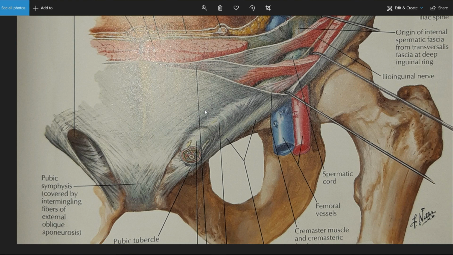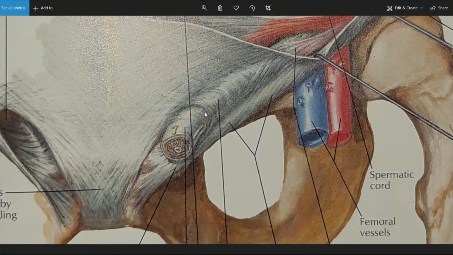So as I already mentioned, from the lateral crus, the reflected part of the inguinal ligament will move medially along the linea alba. And from there, it is continuous as the reflected part of the inguinal ligament for the opposite side.